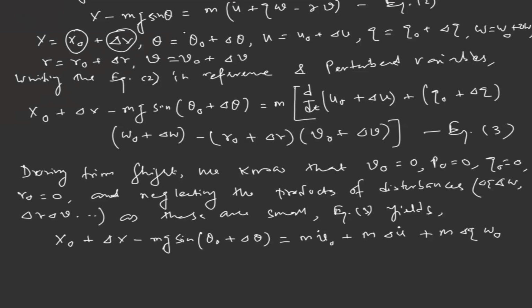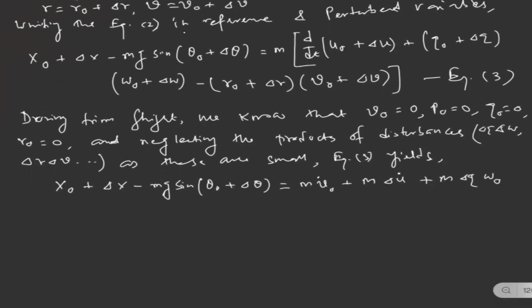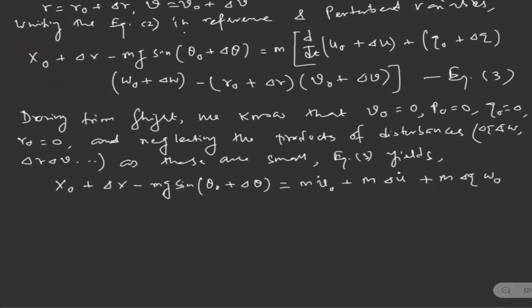And we can further write this expression. If you expand this sine of theta naught plus del theta, we know that sine of a plus b is sine a cos b plus cos a sine b.